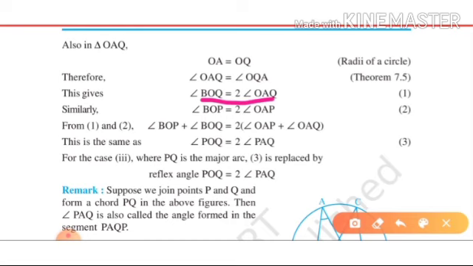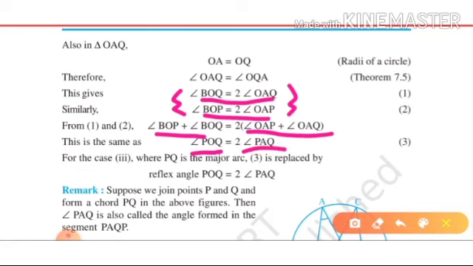So BOQ is equal to this and BOP is equal to this. Then they have added these two, and got twice of OAP plus twice of OAQ. This BOP and BOQ together give us POQ, and this OAP and OAQ together give us PAQ.